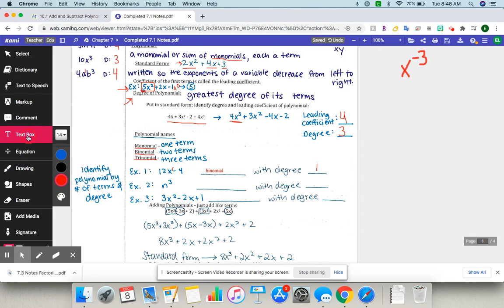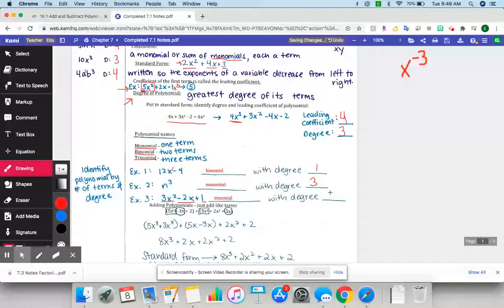since that is the highest exponent or the largest exponent. In example 2, this is a monomial since it is only one single term and it is degree 3 since 3 is the largest exponent and really the only exponent. And in example 3, this is a trinomial since we have three terms, and those terms would be 3x squared, negative 2x, and 1.